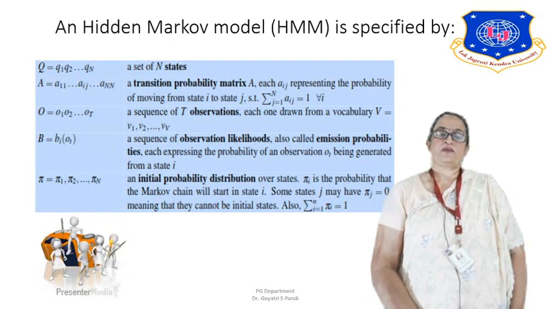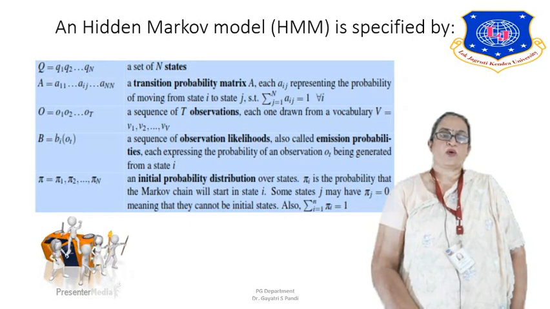And then we have a sequence of T observations, each one drawn from a vocabulary V equal to V1, V2, and so on, so that it is defined as O equal to O1, O2, and so on up to OT, where T is the length of the sequence of observations. And then we have a sequence of observation likelihoods, also called emission probabilities, defined as B equal to bi(O1).